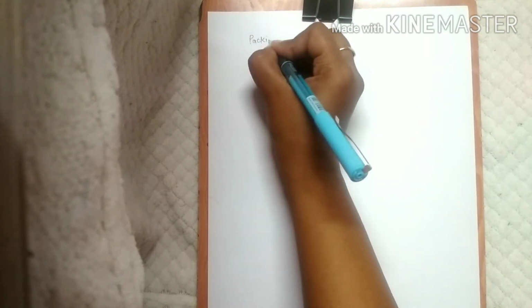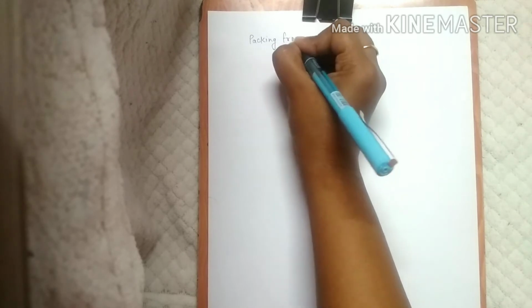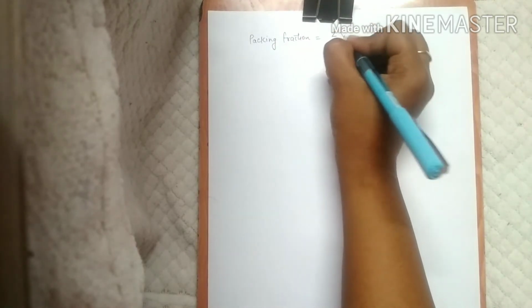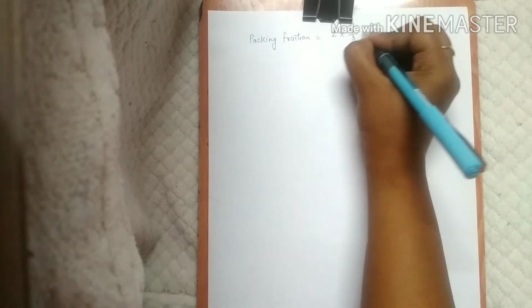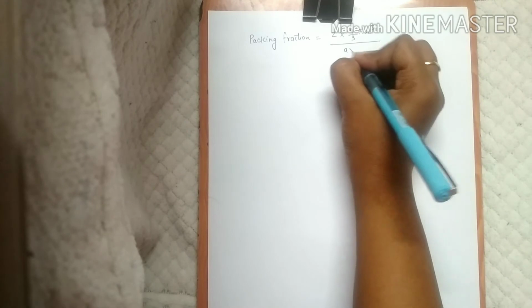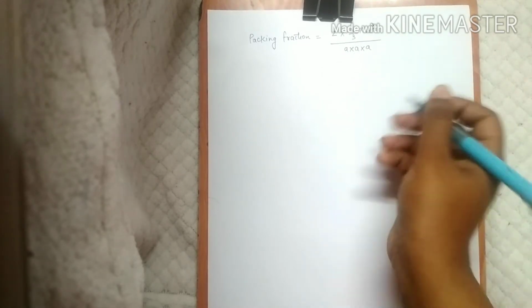So formula of packing fraction will be packing fraction is equal to Z into 4 by 3 pi r cube upon a into a into a.